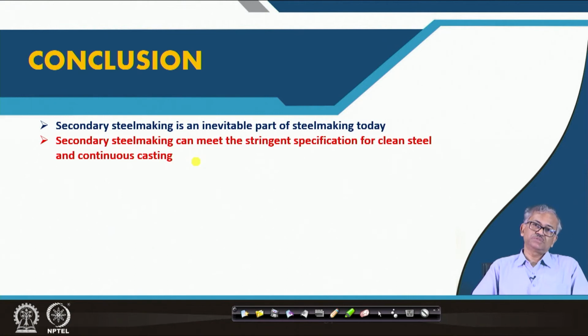So this type of steel cannot be made in primary steel making like the LD furnace. As I said, in the LD furnace you can lower the carbon to 200 ppm, not more than that, thermodynamically at 1600 degrees centigrade. So if you want to make 20 ppm, 10 times less, then you have to go for secondary steel making under vacuum. So primary steel making cannot meet this, even for the sulfur.